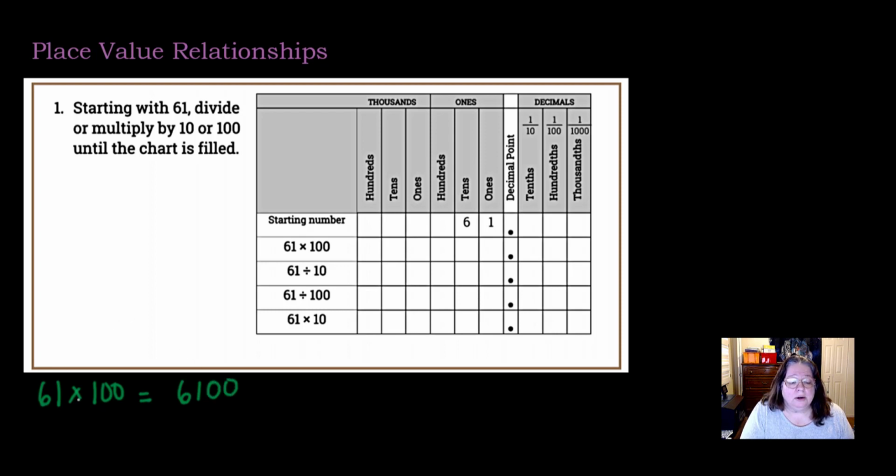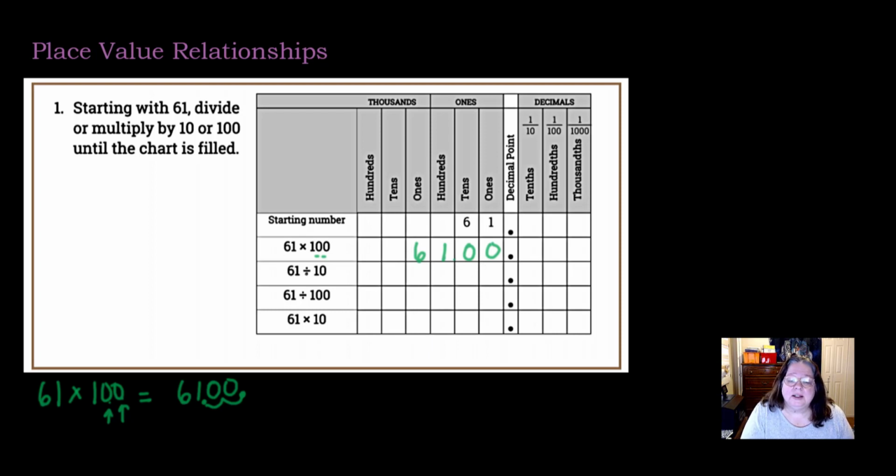So if we start with the decimal point at the 61, we can count the number of zeros, 1, 2, and move our decimal point over 2 spots, and so then we get 6,100. Count the zeros, we move the decimal 2 spots.